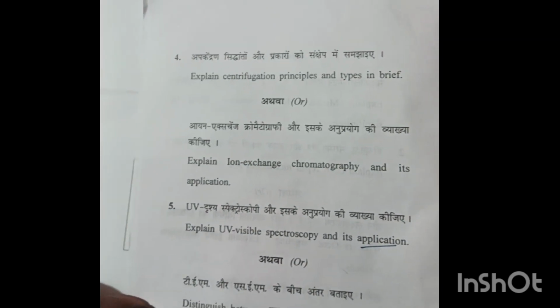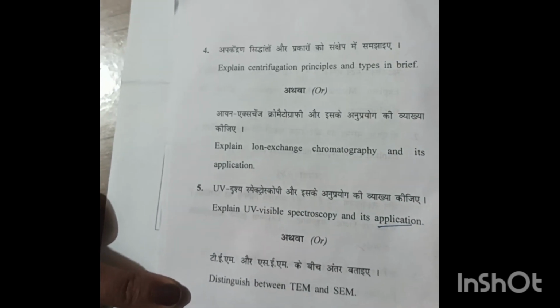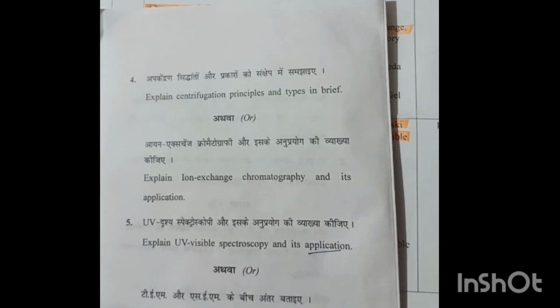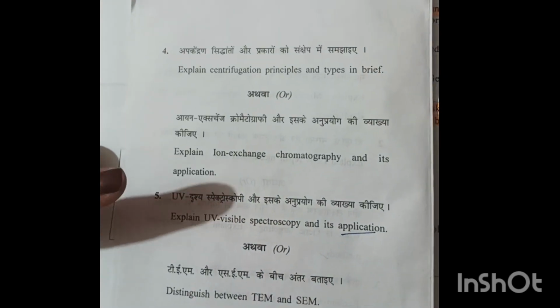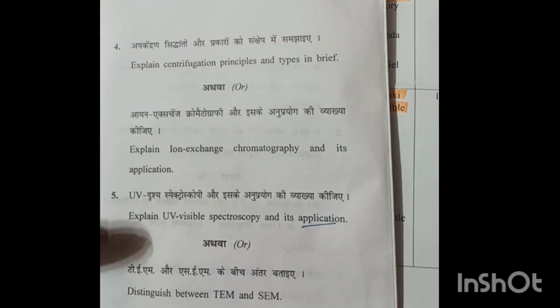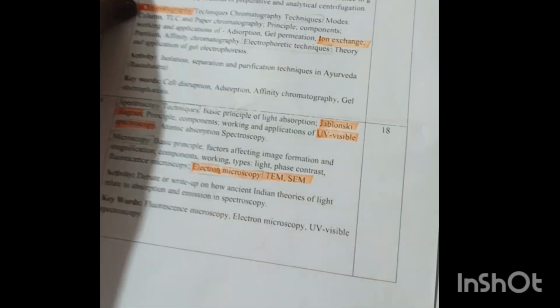Whereas for the difference between TEM and SEM, there are hardly a few differences, so only 3 pages get covered, and in comparison spectroscopy seemed easier to me. This differs from person to person, what you want to choose. Both of them are doable. The paper is pretty direct and easy, but you need to be well versed with the content.